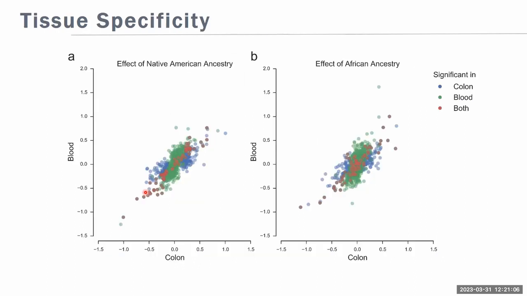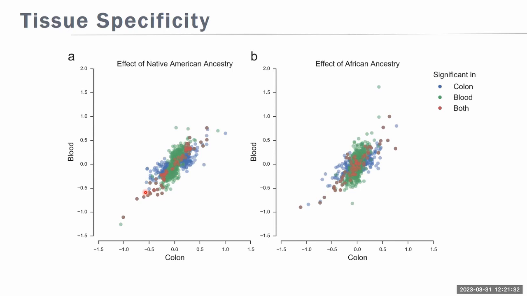Then another thing we looked at is, because we had DNA methylation assayed in the same individuals across two different tissues, we did the analysis in both tissues, and we compared whether these population-specific DNA methylation sites are tissue-specific or whether there are large differences between tissues. At least for blood and colon, it seems that they are largely conserved.